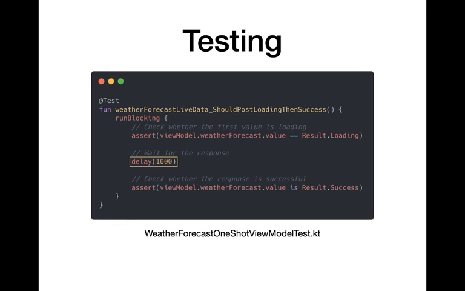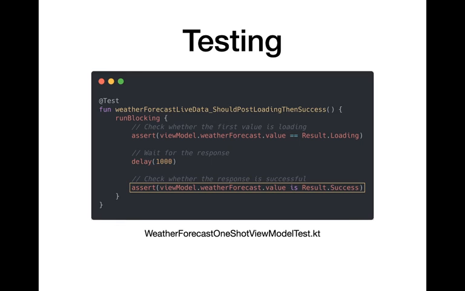I know this is not a good approach, but we will remove this delay soon. For now, let's just keep it for testing purposes. We're just delaying for 1 second since the repository is delaying for 1 second. And then we're asserting whether the LiveData value is success or not.